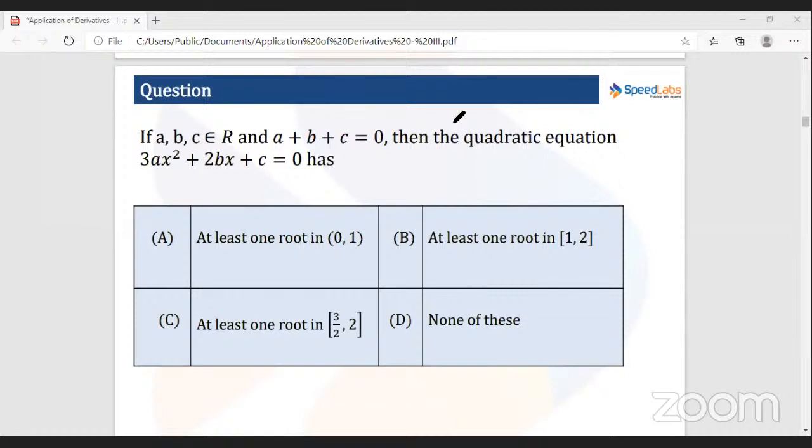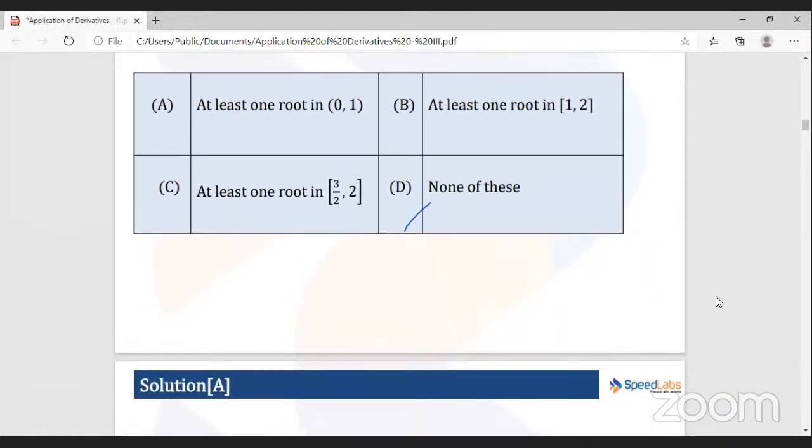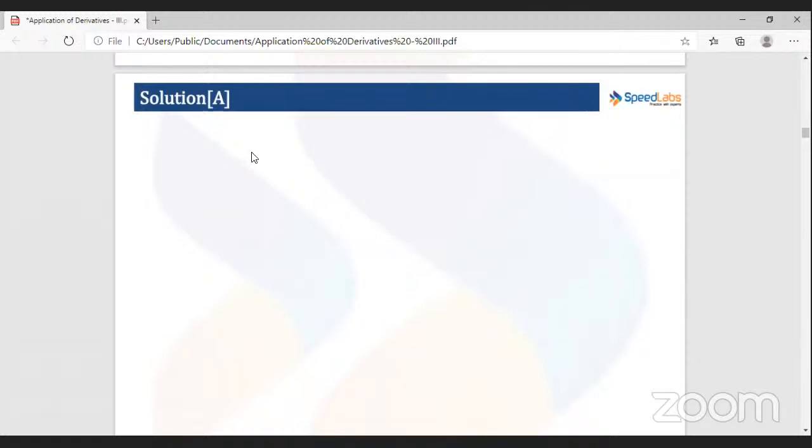Okay, so should we discuss the solution now? So the correct answer here is option A. Let's discuss why it is A. Now, if I suppose that the given equation is f dash x, means it is a differentiation of some expression.